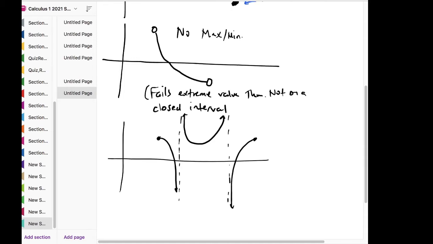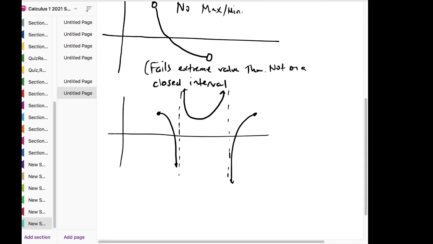Okay, does this have an absolute max or min? No, it doesn't. So of course these are absolute, right?